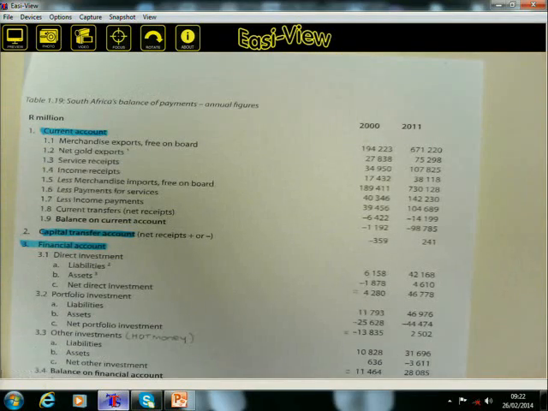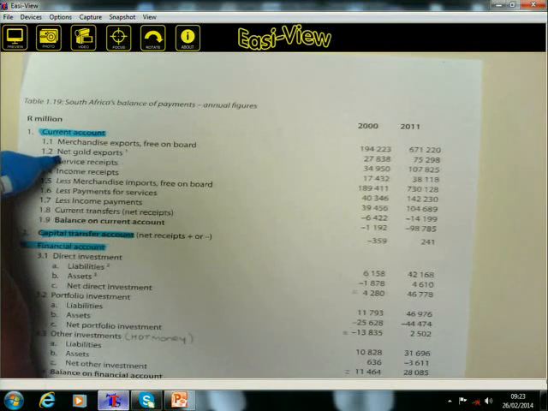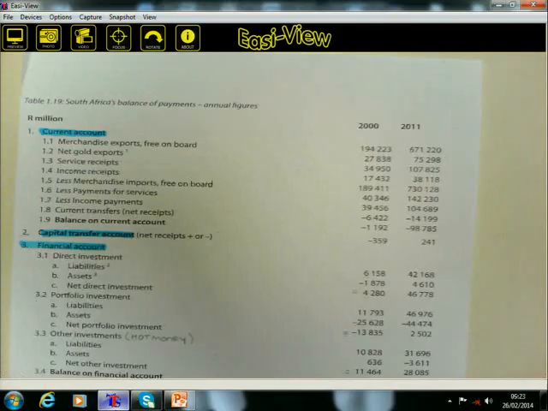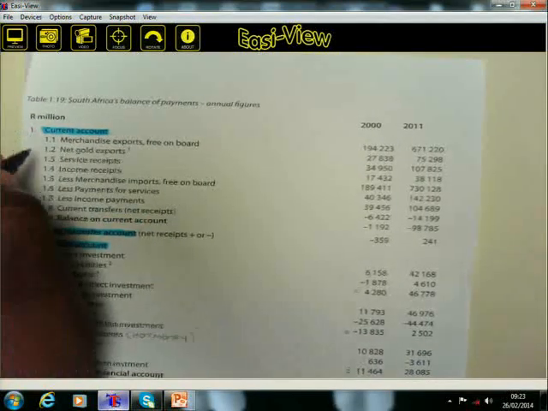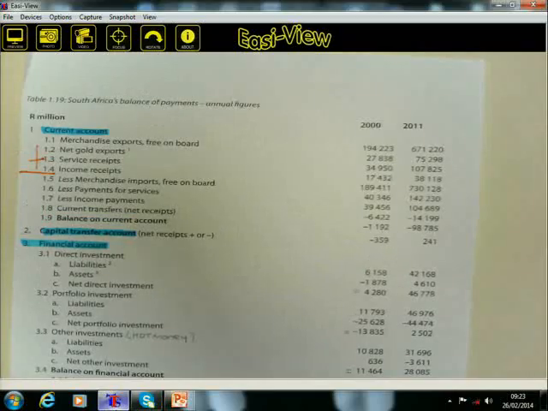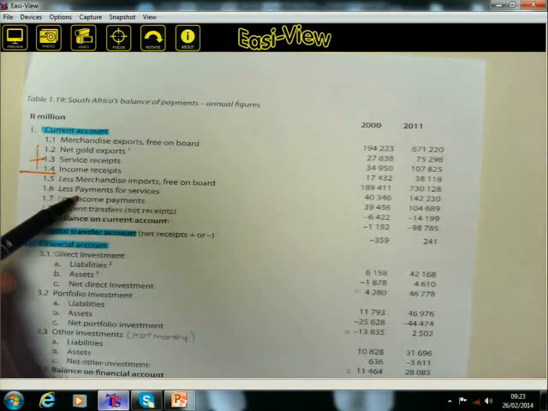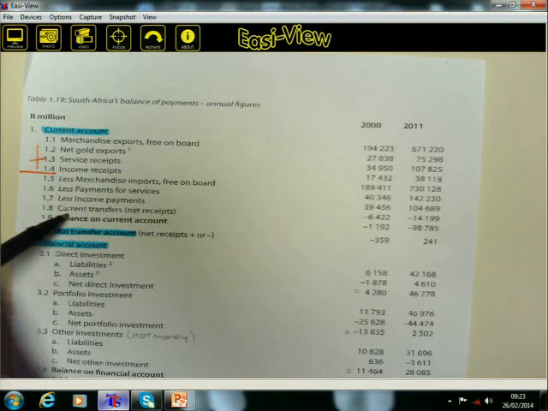For example, the composition of the current account. It is composed of merchandise export, net gold export, service receipts, and income receipts. All these must be added when we calculate the current account. Then we subtract merchandise import, payment for services, income payment, and current transfers.